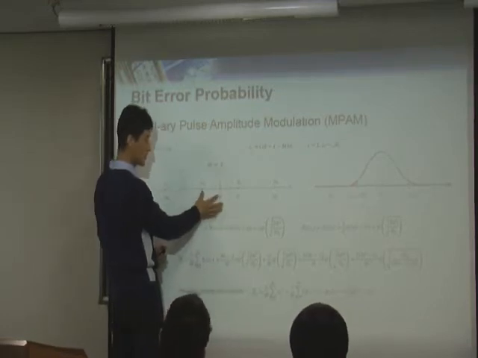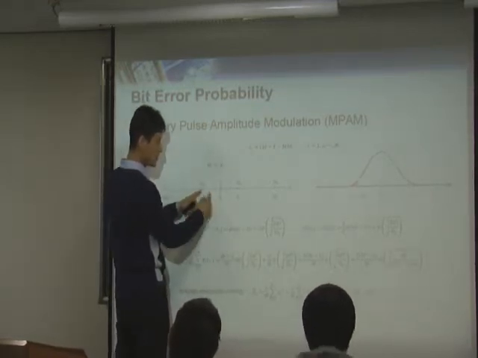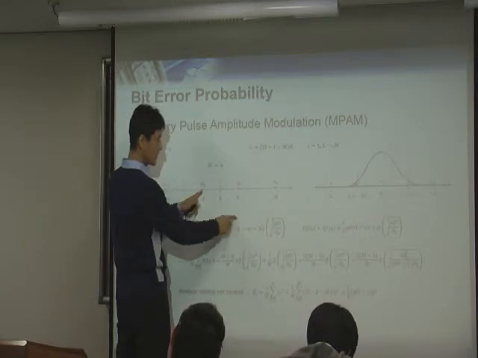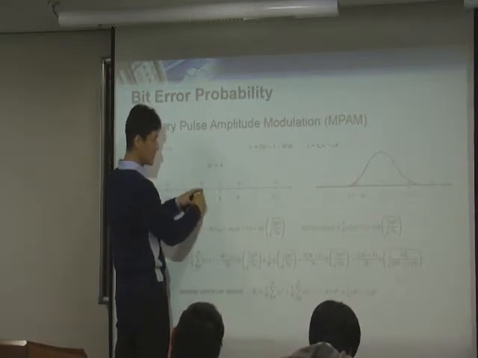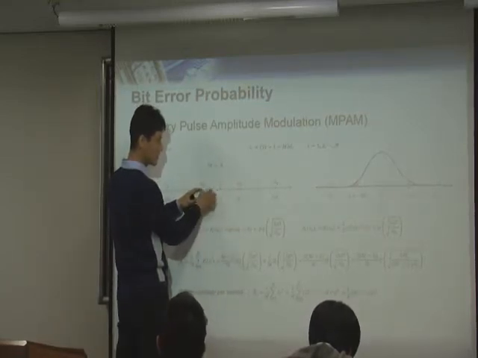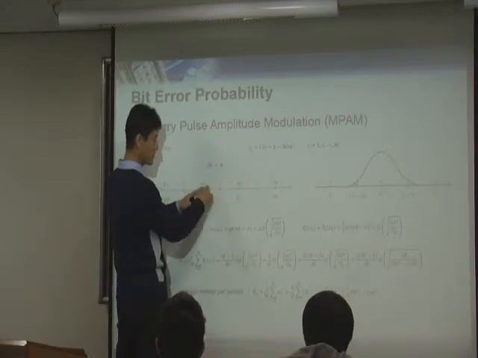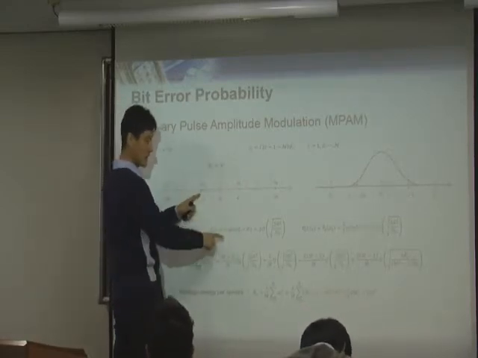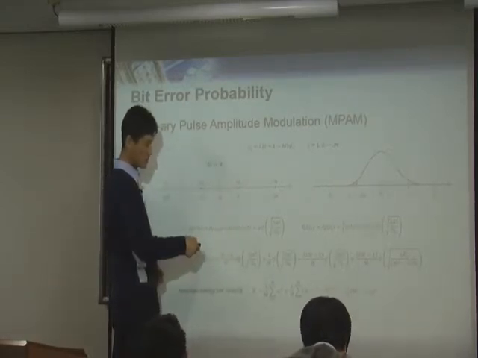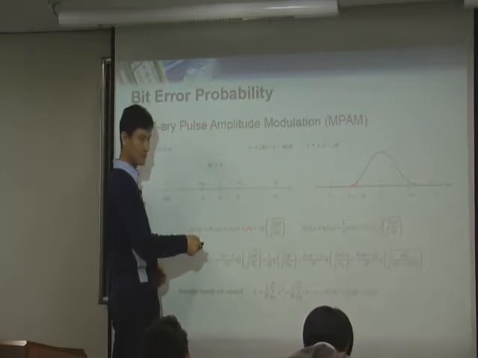Because if the noise amplitude is larger than D, that means that you transmit here, but because of the high amplitude noise, your symbol is going here or going there, right? That's what I mean by noise amplitude is larger than D.